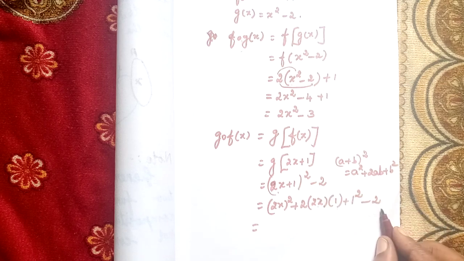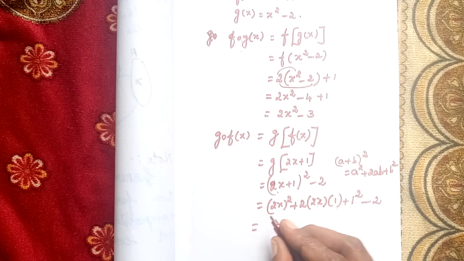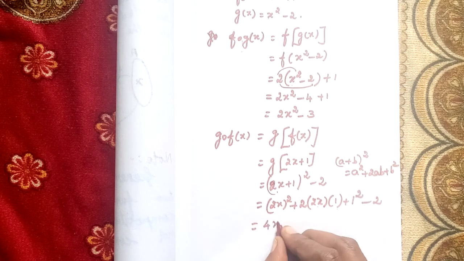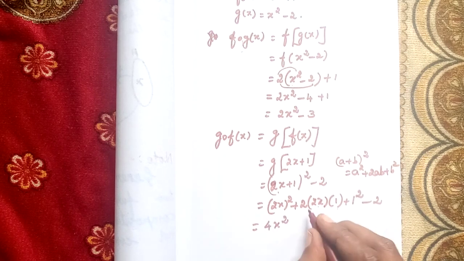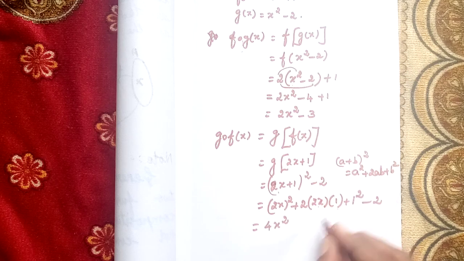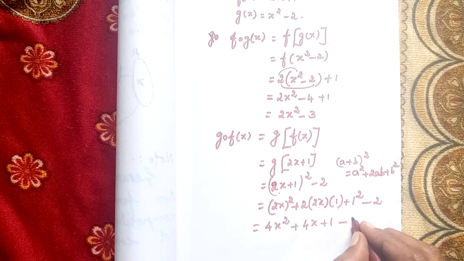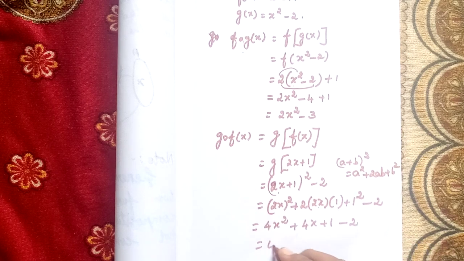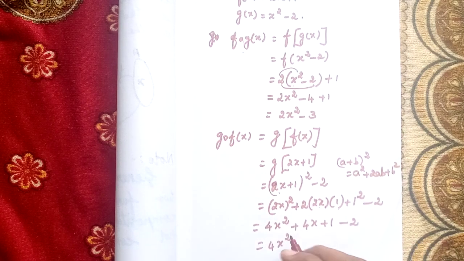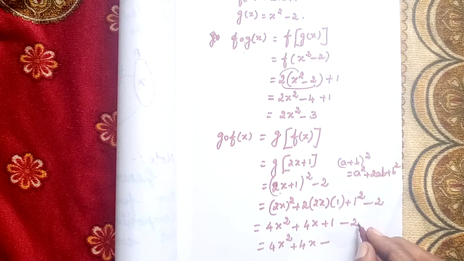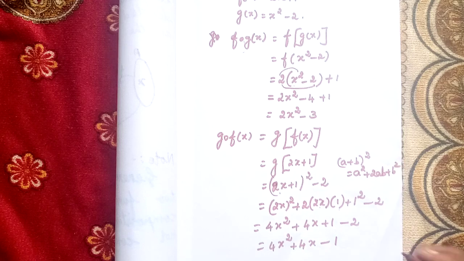This minus 2 we have to write the same. So 2x the whole square means 4x square. Next 2 2s are 4, 4 into 1 is 4 only. 4x square plus 4x plus 1 minus 2 means minus 1.